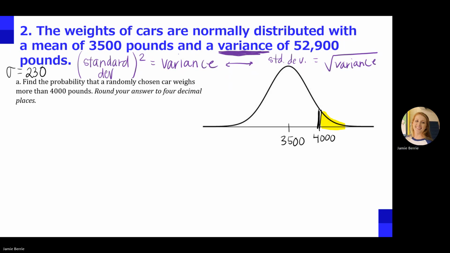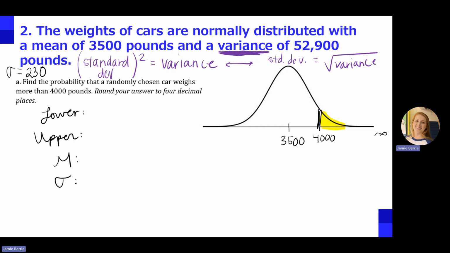Okay. So now let's do lower bound, upper bound, mu, and sigma. Lower bound of our shaded area: our shaded area starts at 4,000, so that's the lower bound, and it goes on forever, so that's going on to positive infinity.